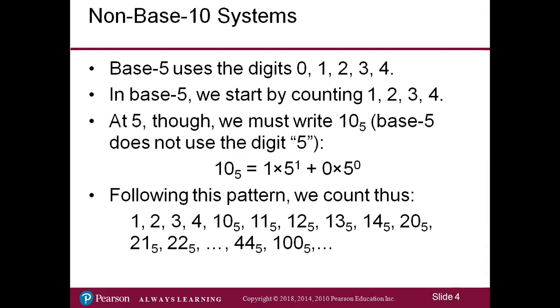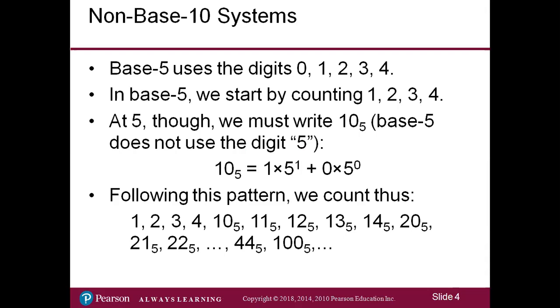Base 5 does not use the digit 5. 1, 0, base 5 equals one group of 5 to the power 1 and no groups of 5 to the power 0. Following this pattern, we count thus: 1, 2, 3, 4, 10 base 5, 11 base 5, 12 base 5, 13 base 5, 14 base 5, and 20 base 5.